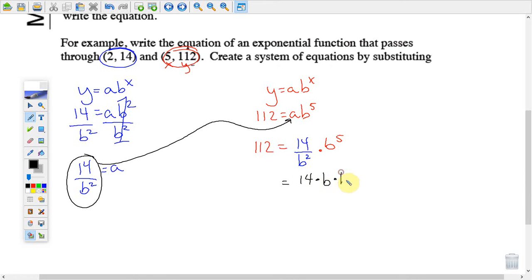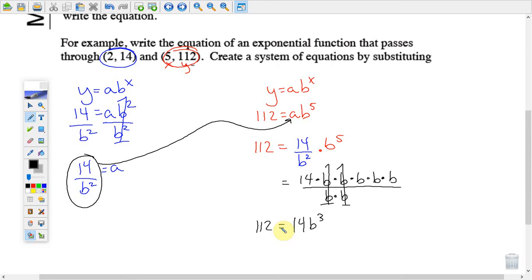So 1, 2, 3, 4, 5. And I have b squared, that's multiplying 2 b's. So that gives me a couple big 1s in here that cancel those out. And I'm left with 14b cubed equals 112.